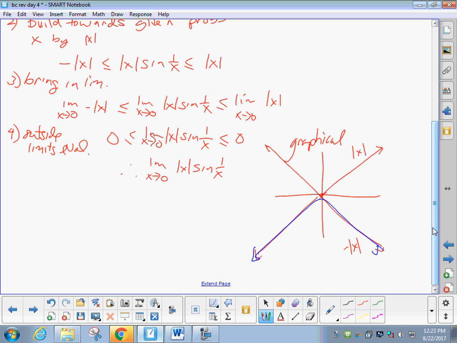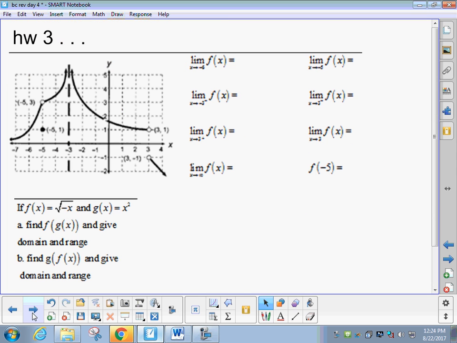And our function, I don't know what it's doing over here, but as you get closer and closer to 0, it's getting squeezed or sandwiched. Right? Okay. That's the idea behind the sandwich theorem. There's one on tonight's homework to practice it with, and if we need to, we'll practice it again. That's it. All right. Homework 3, if you get that out, let's see how you did.